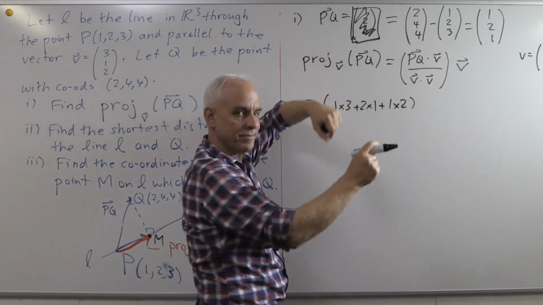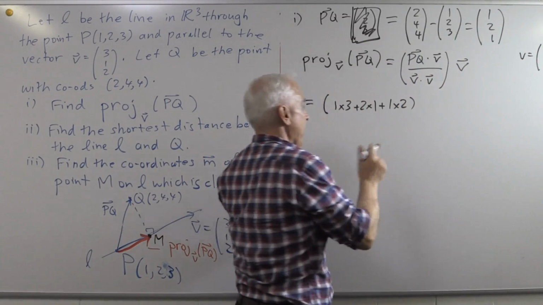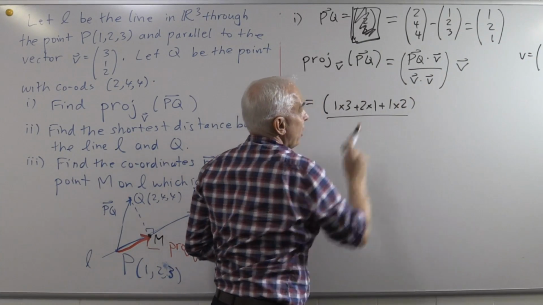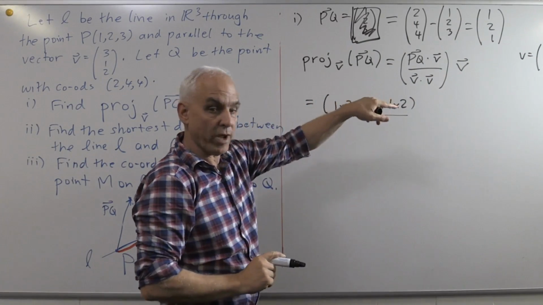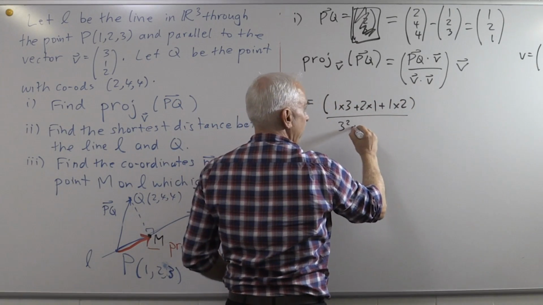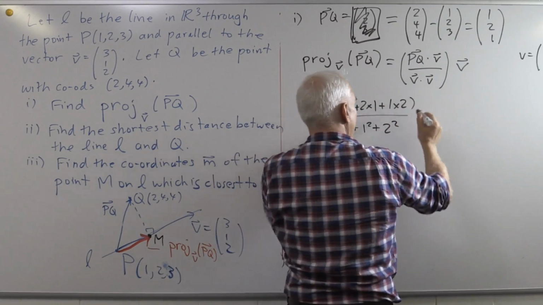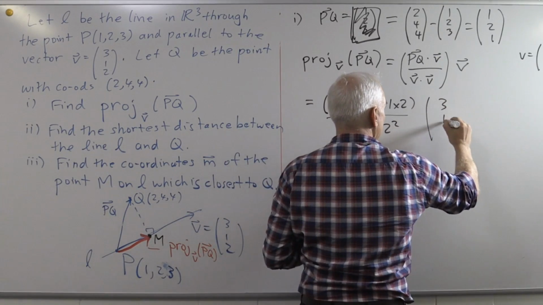Right? Take the product of the first, and then the second, and the third, and then adding them all up. And the V dot V is just the sum of the squares of the entries. So that's going to be 3 squared plus 1 squared plus 2 squared. And that's the multiple then that we have to multiply V by.